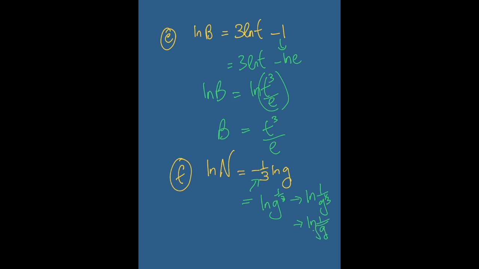You can write it either way, doesn't really matter. Therefore, n is equal to 1 over the cube root of g, or 1 over g to the third, or g to the minus a third. Any of those is the same thing, really.